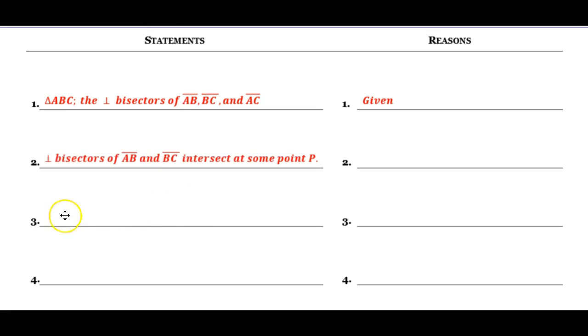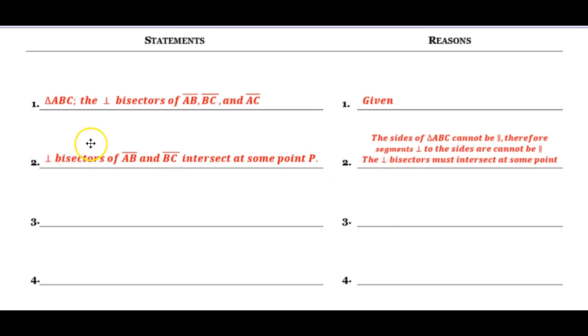So we'll start off with our statement 1, which was our given, that we have a triangle ABC and we know the perpendicular bisectors of AB, BC, and AC. So our next step, I know that my two perpendicular bisectors must intersect at some point P. Why do I know that?